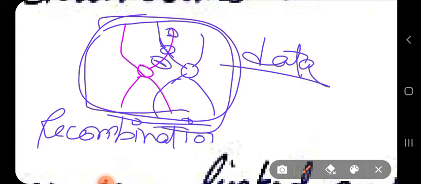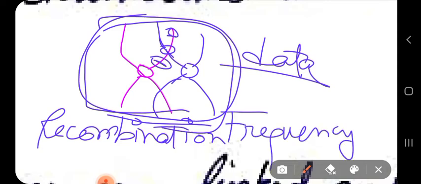We calculate a term called recombination frequency, or RF. To see whether the genes are close enough, and how tightly they are linked so that they can be segregated together as a unit during crossing over, we have to calculate the recombination frequency.